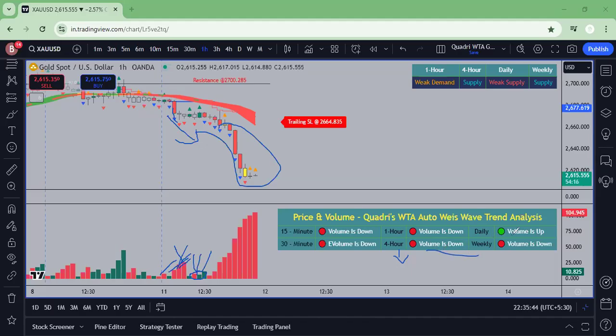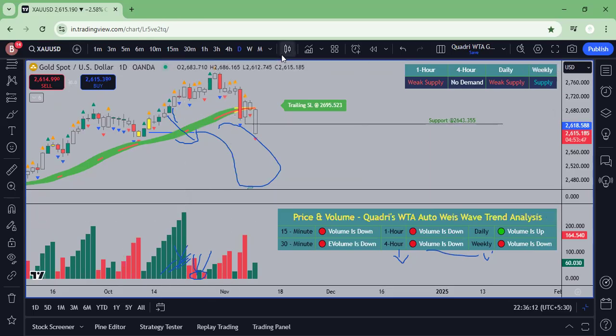When it comes to daily, it shows you the last daily candle, whether volume is up or down. In the case of weekly, here it is showing a red circle with volume down, and for daily it is showing volume is up. So you can plan your 1 hour trade based on what the higher time frame is telling you. That is the reason I kept the name multiple time frame.